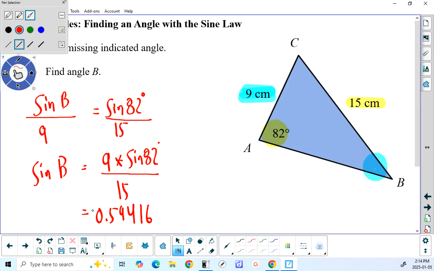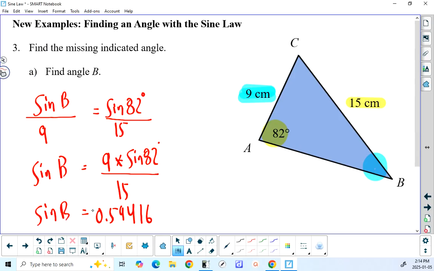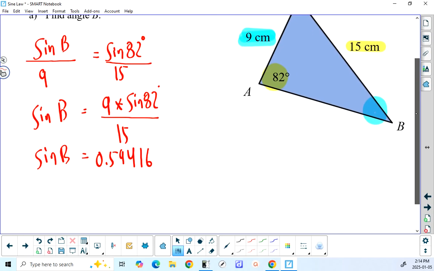0.59416. That is not the angle. That is the sine of the angle. And hopefully you remember, just like working with SOHCAHTOA, that if you're trying to find the angle, at this point what you do is you take the inverse sine of that number, or the second sine of that number.